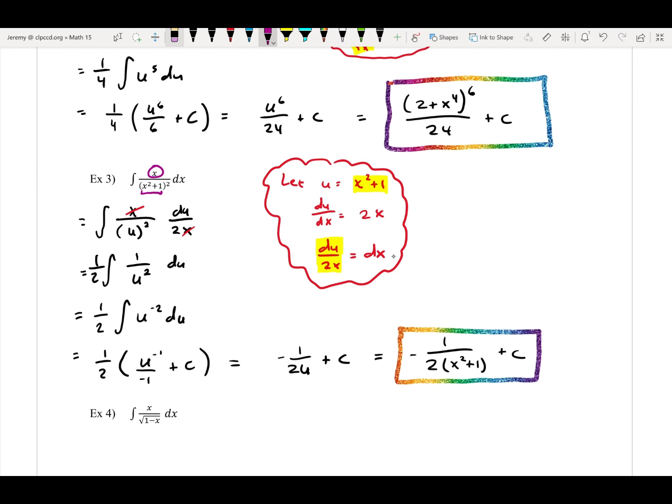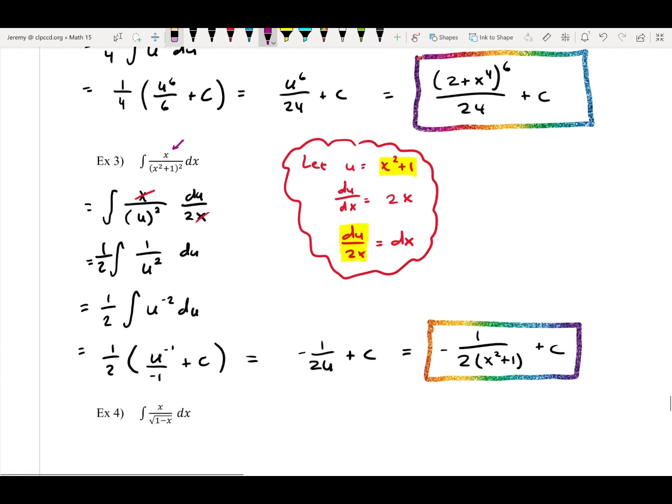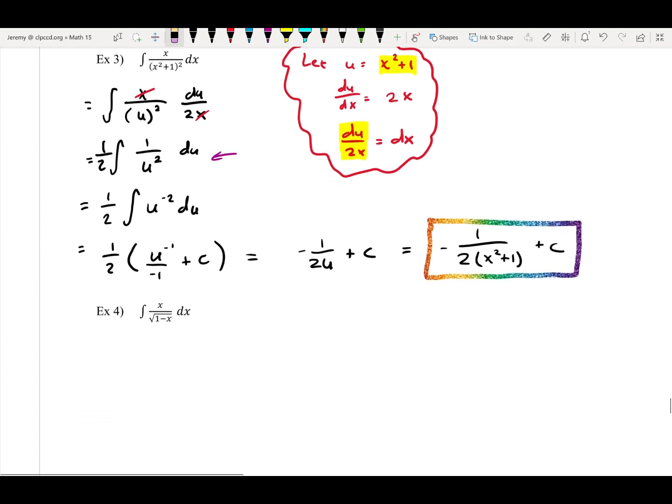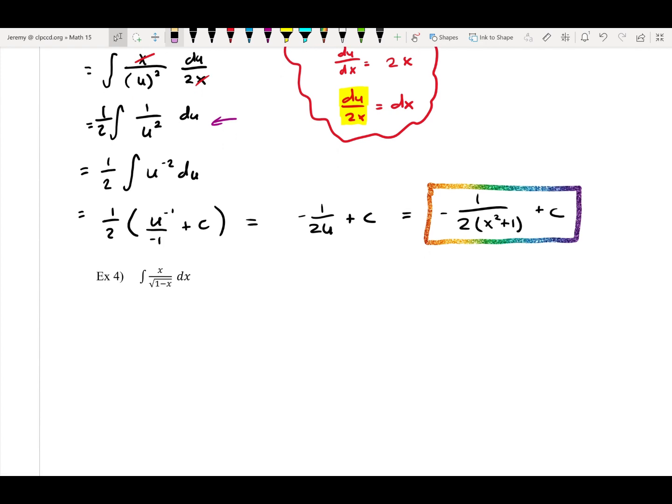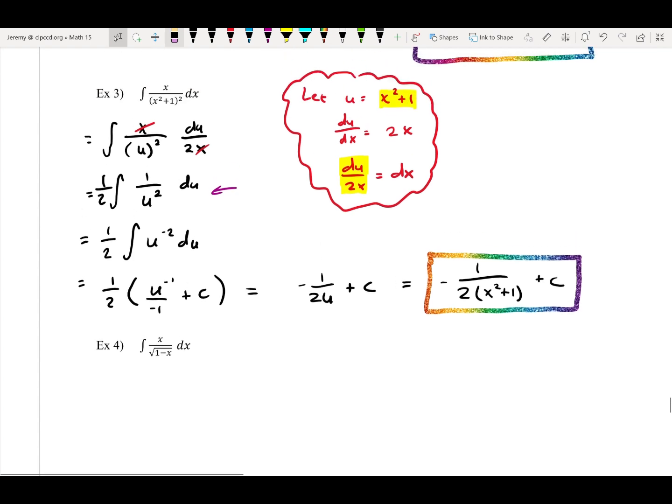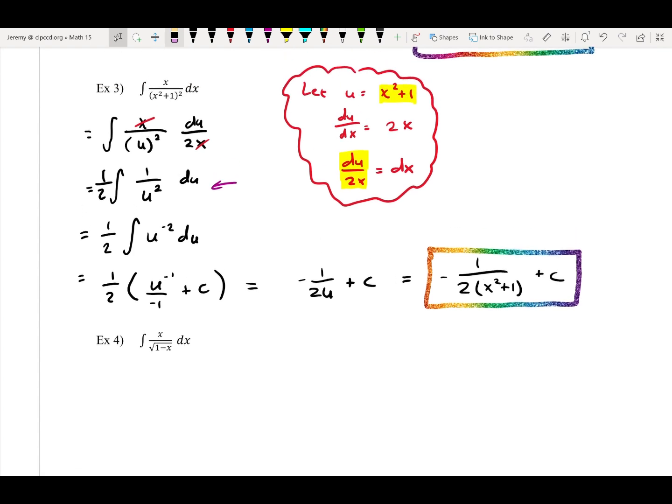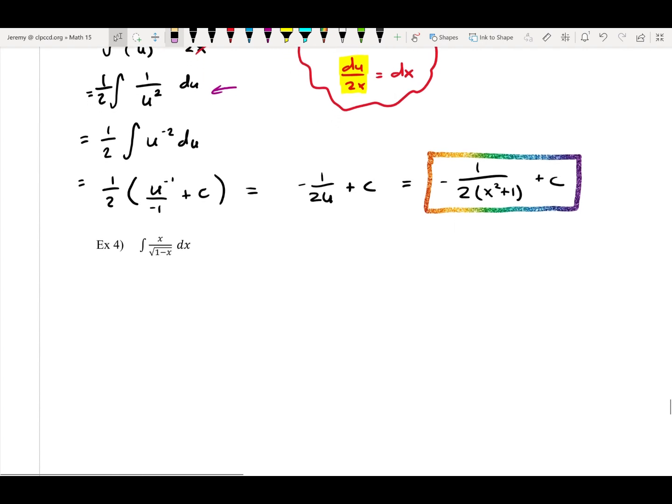So when picking your inner function, it makes sense to scan the rest of the integrand and think, does the derivative of the inner function appear anywhere in the problem where it'll cancel out so that I can get the whole thing in terms of u, like I want to? You'll gain experience and be able to spot these kinds of things, but it also takes some trial and error. If one substitution doesn't work, you might try a different substitution. Let u be something a little bit different. Try it out, see if you can make it work.